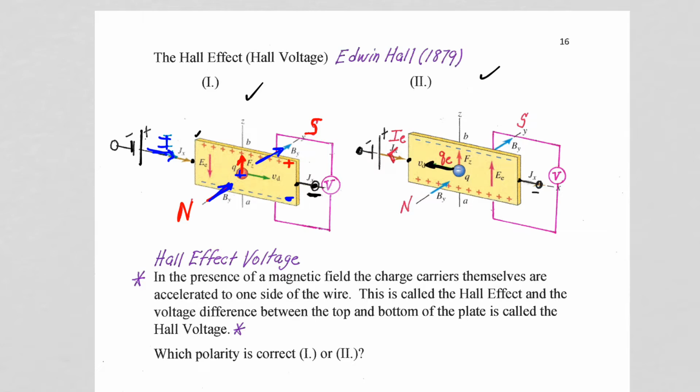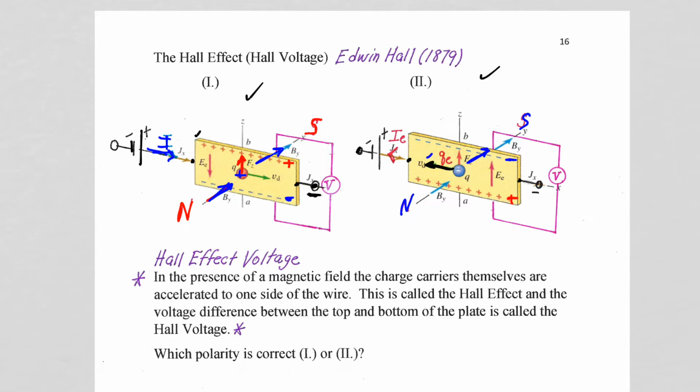We still have B into the paper. So we have our north here and our south here. Now, when we carefully do QV cross B, it's thumb down, but it's electrons, so we reverse our thumb direction, thumb to the top. So now we would say we have negative at the top and positive at the bottom.